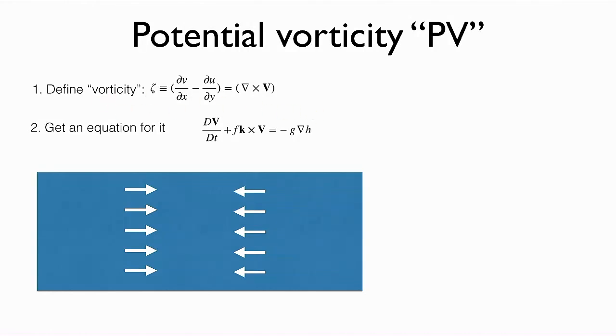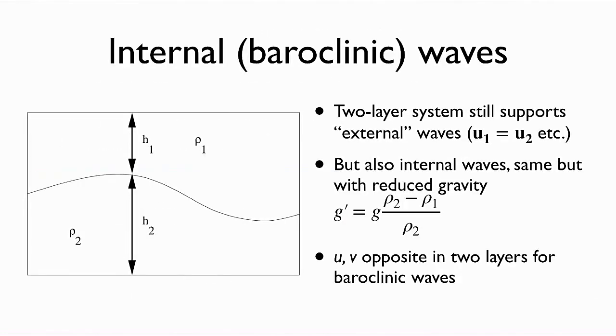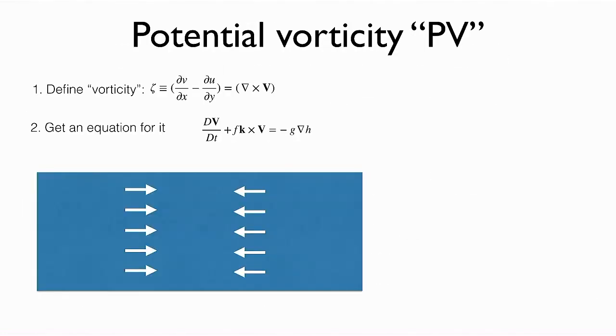And it's just the curl operator applied to our two-dimensional velocity field, drawn here, if you haven't seen curl before. It's just measuring how much the fluid is spinning. It's just the rotation rate of the fluid. Okay. And what we want to do is get an equation for that.